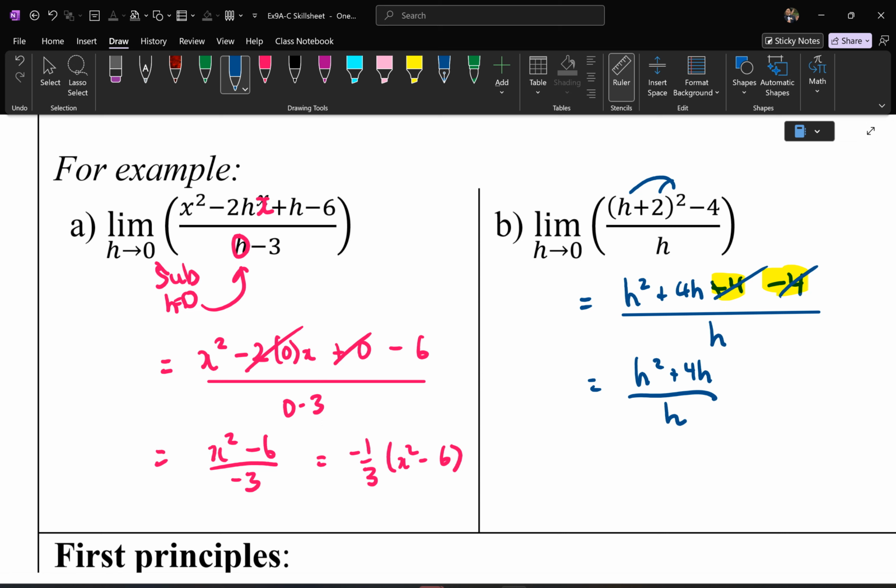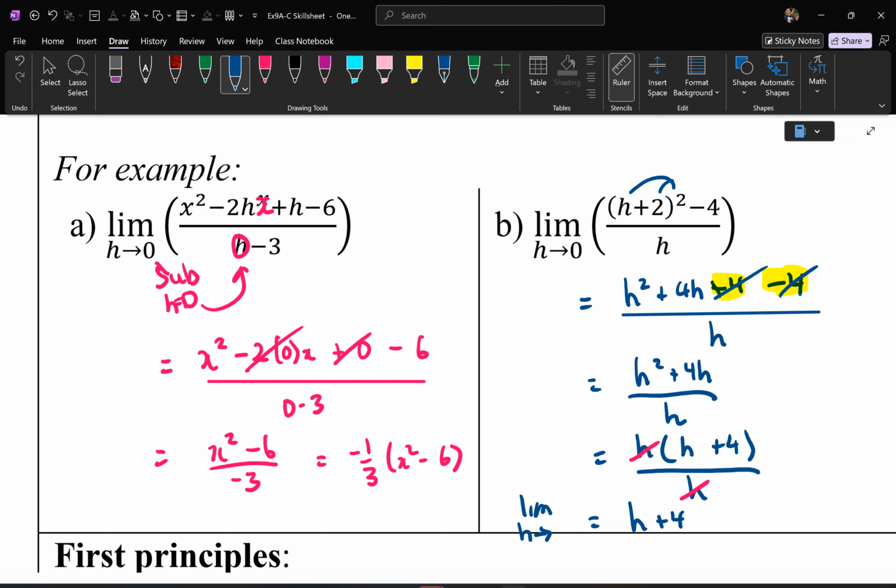We've expanded, so what do we do now? How do we simplify? Very good. So you can think of it as factorizing the numerator. h divided by h is 1. So that brings it down to h plus 4.